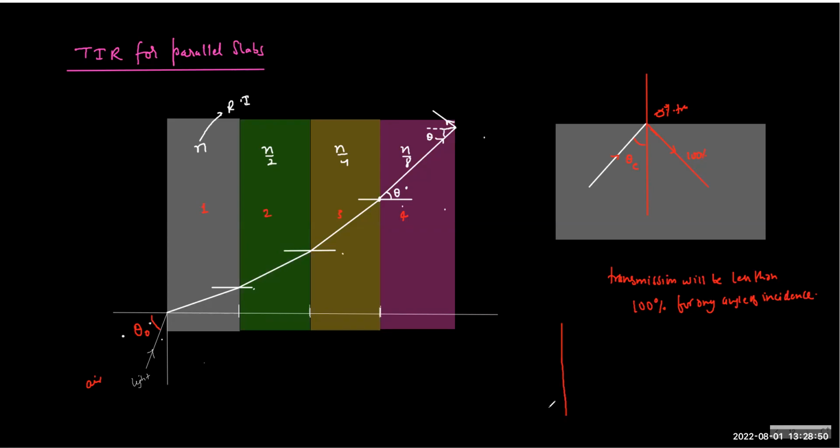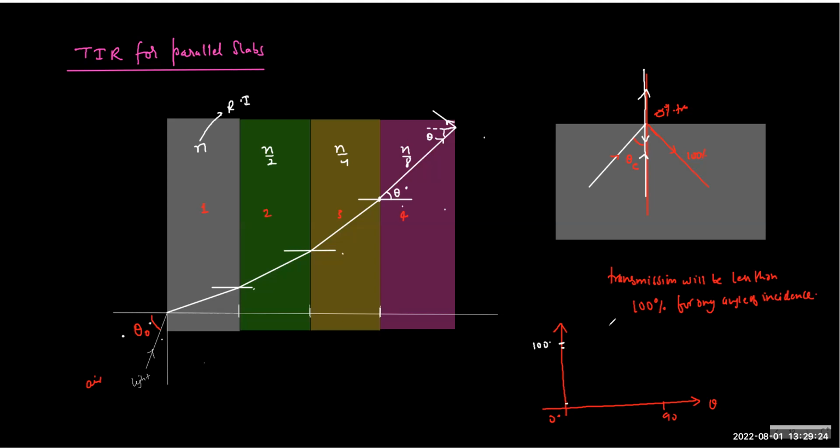If you plot the graph, and theta grows in this direction up to 90, then at 0 degrees of incidence, if the light is going this way, still some part will reflect back, but the majority will go this way. So I can say that transmission will be just below 100 and the reflection will be just above 0, not exactly 0.